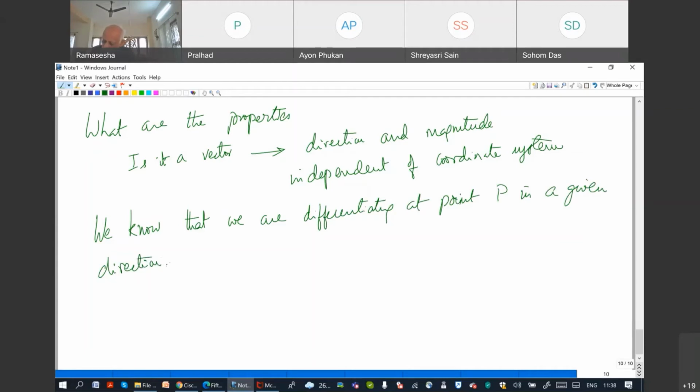Okay. Now, neither the point P will change, nor the direction, when the coordinate system is transformed.